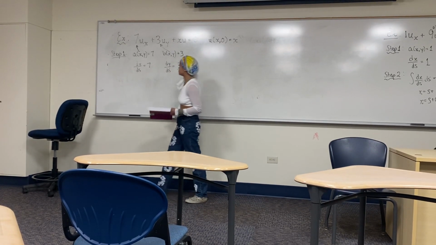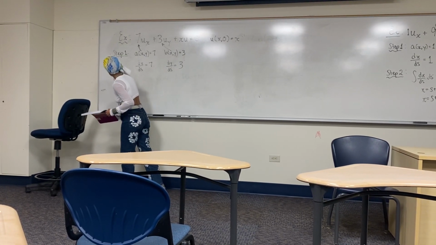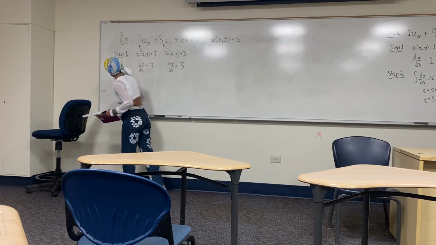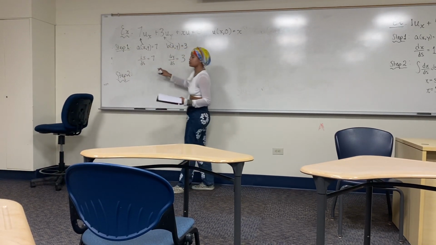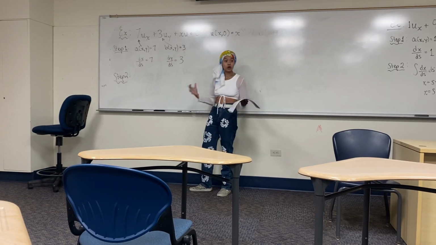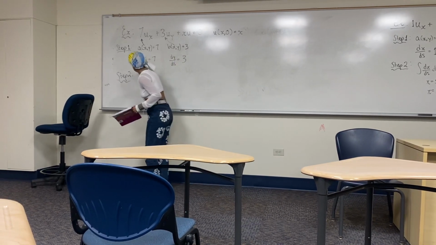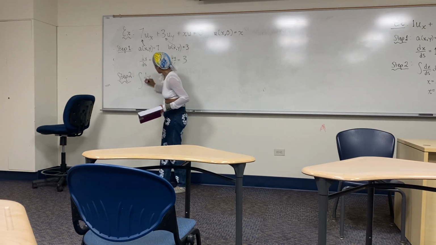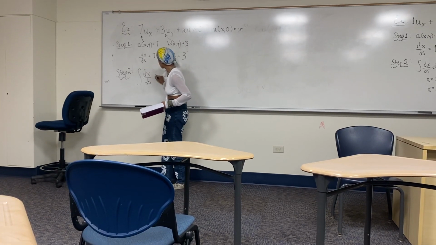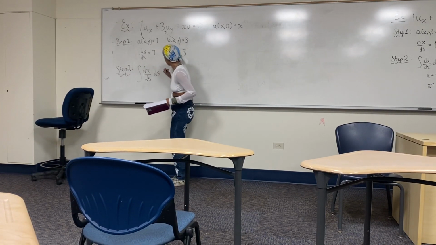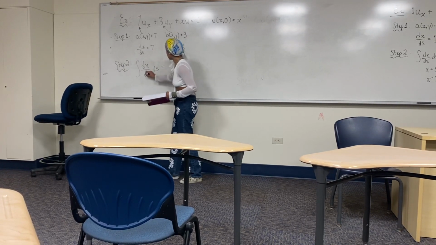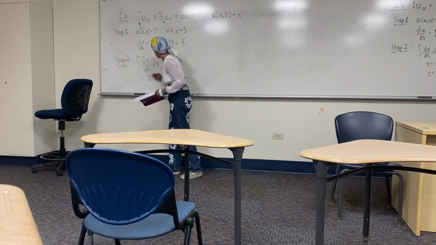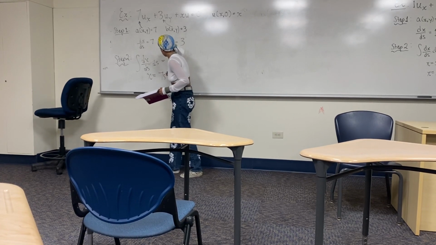We have our system. Next, we're going to solve for x and y. Step 2. And since these again are just regular separable equations, we know how to solve them. So we do dx/ds equals 7, ds. These cancel, so we just end up with x equals 7s plus some constant.